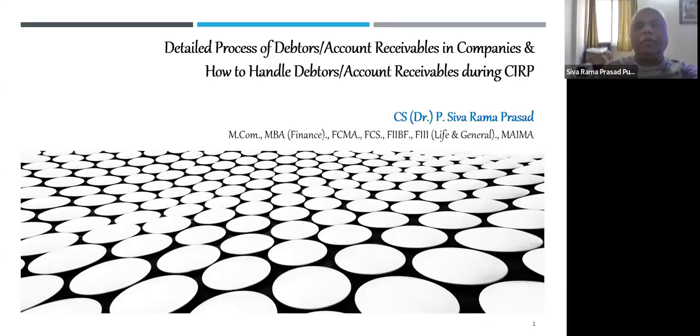At the same time, how many bank guarantees are taken by the company for various purposes, for purchasing raw material, or in case of construction activity, the infrastructure, they will take a number of bank guarantees. For each bank guarantee, they will give some margin, and collateral security also.